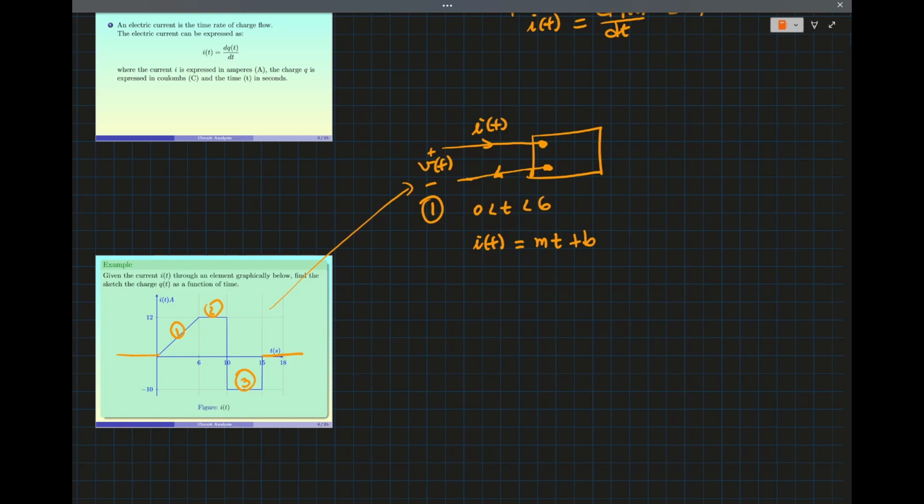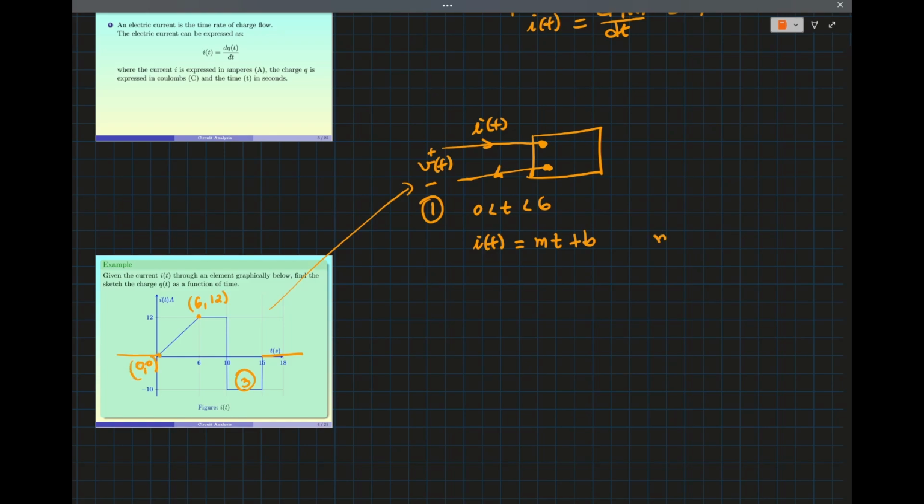Now what is the slope? The slope is rise over run. So m, the rise is 12 and the run is 6. If you want to do it step by step, this point is (6, 12) and this point is (0, 0).